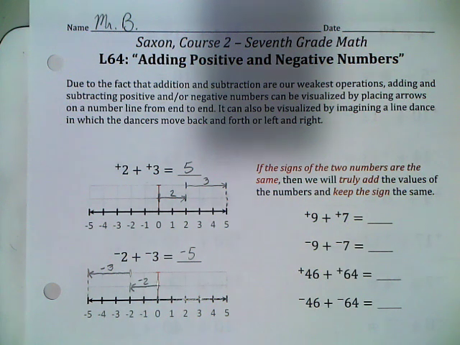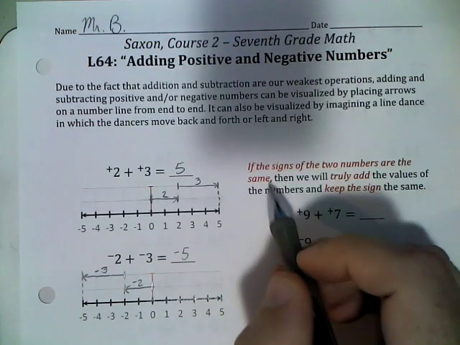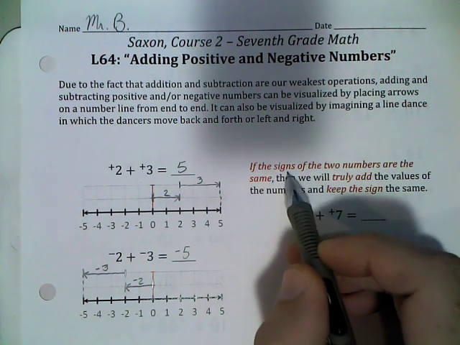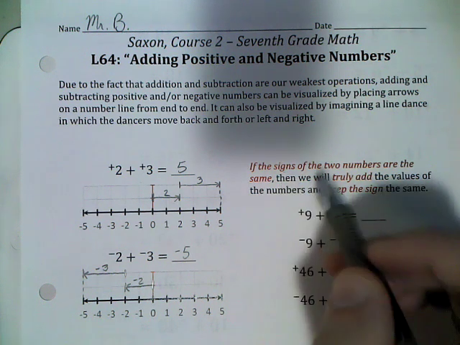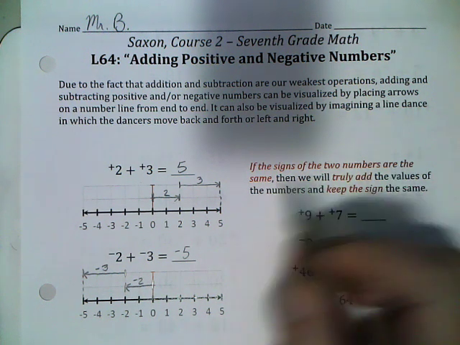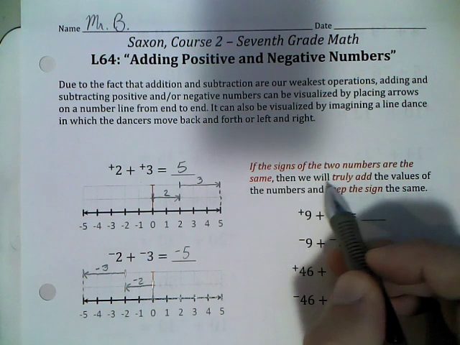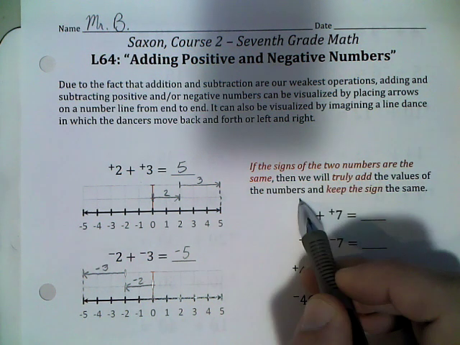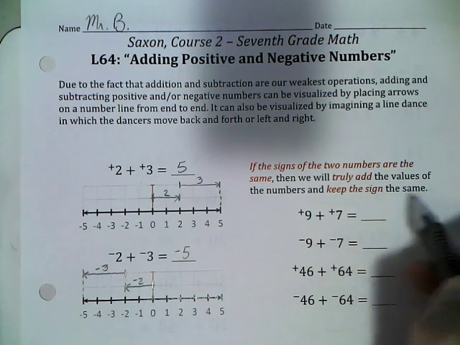So hopefully in the course of doing that last lesson, you started to get an idea of some rules that we're going to talk about today. The rule that hopefully you started to discover is that if the signs, and when I say signs, we're talking about positive sign, negative sign, if the signs of the two numbers are the same, then we will truly add the values of the numbers and keep the sign the same.